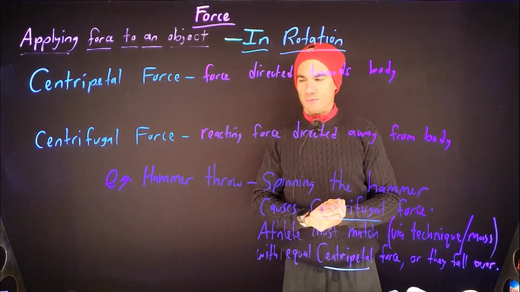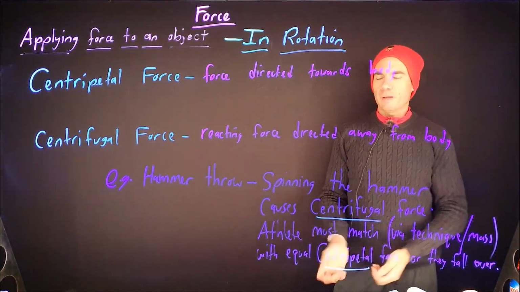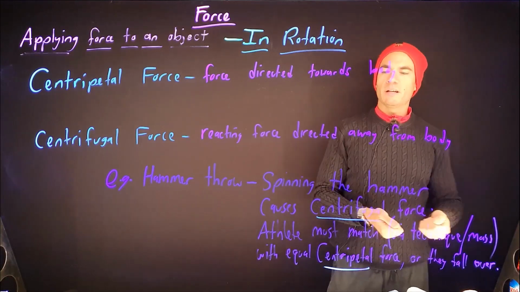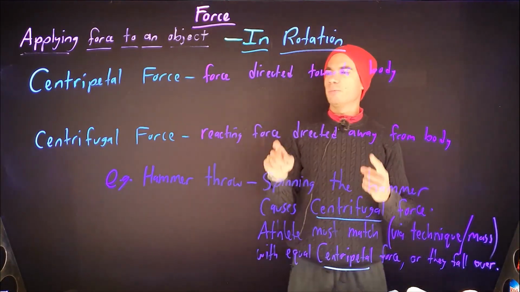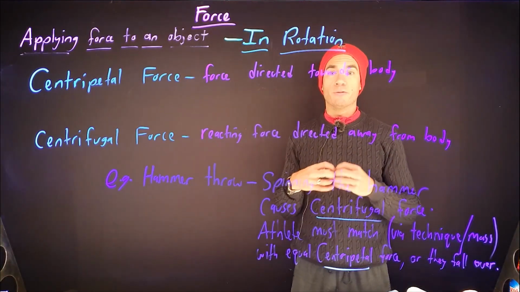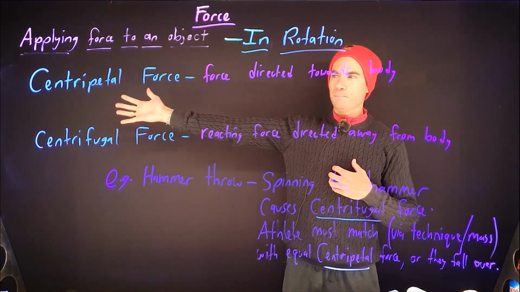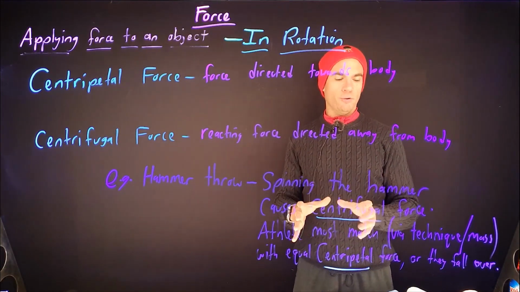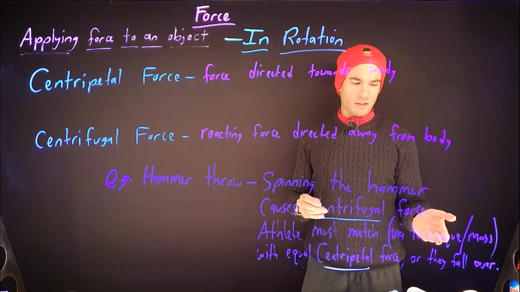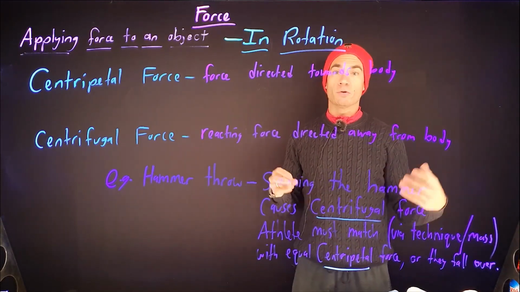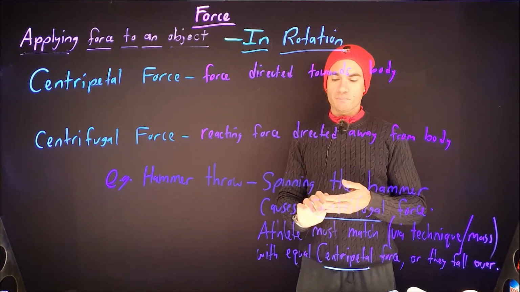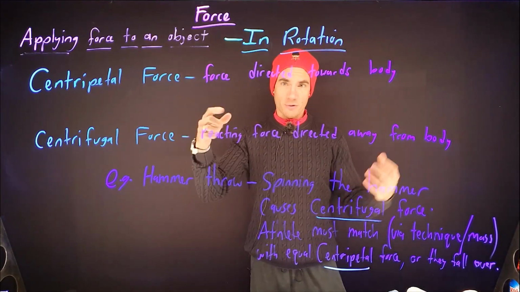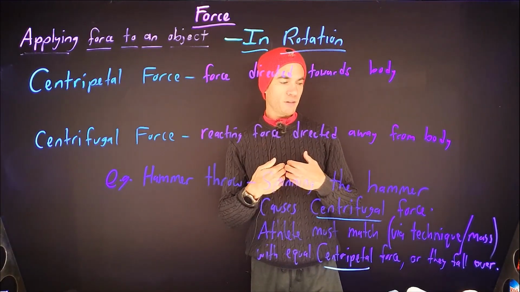So things like the hammer throw, what's happening is that if you pick up the hammer, which weighs a fair bit, and you start spinning around and around, you're going to be causing a fair amount of centrifugal force away from the body. The athlete must match that force via technique or mass themselves or a combination of both with an equal amount of centripetal force, bringing it back towards the body, otherwise they're going to fall over.